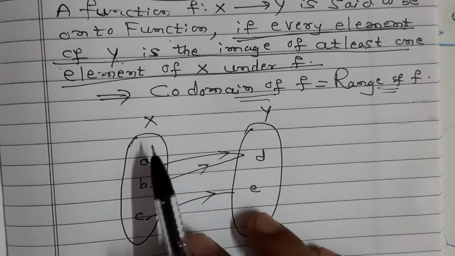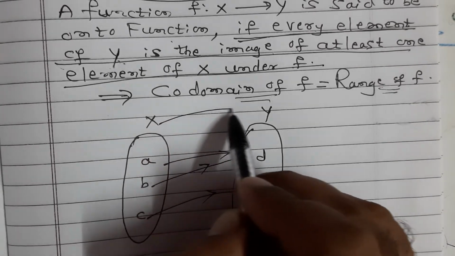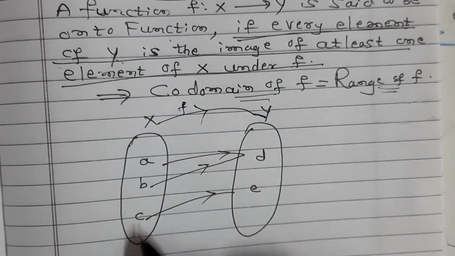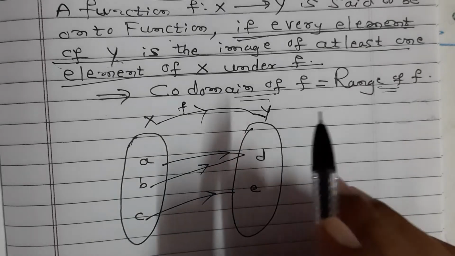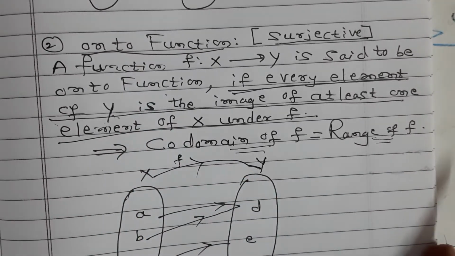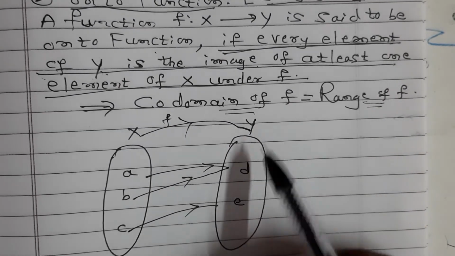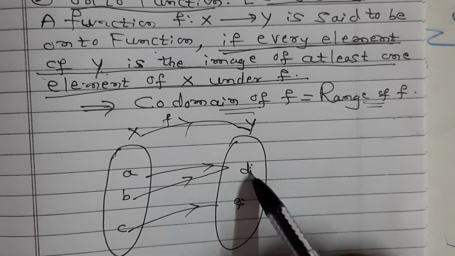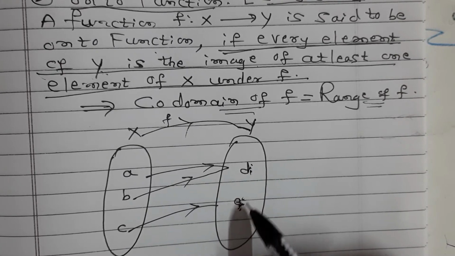I have taken two sets X and Y. I have defined the function here from X to Y. So observe this. For an onto function, we must concentrate on the second set here. See here, no elements should be left in the second set.